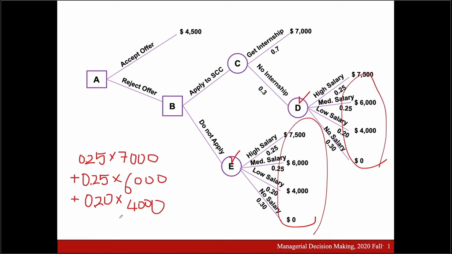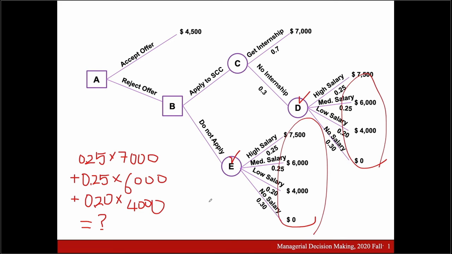The other is 0. Then what is this number? Please compute this number. If you have a calculator or Excel, you can compute it. This is the expected value for event node D and E.